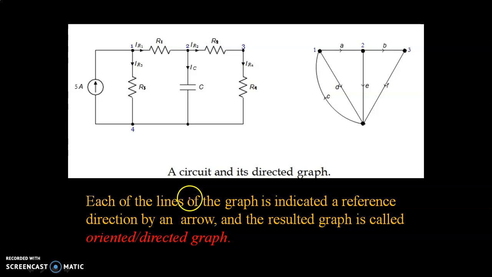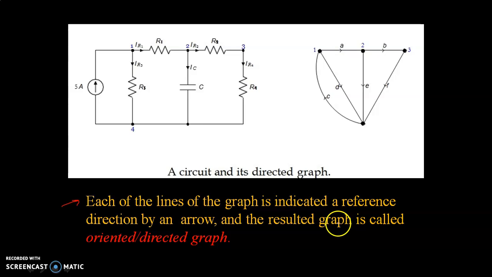See this. From the previous diagram, this is a circuit and its directed graph. How to draw its directed graph? We'll see it once again. The key idea is that each of the lines of the graph is indicated a reference direction by an arrow.